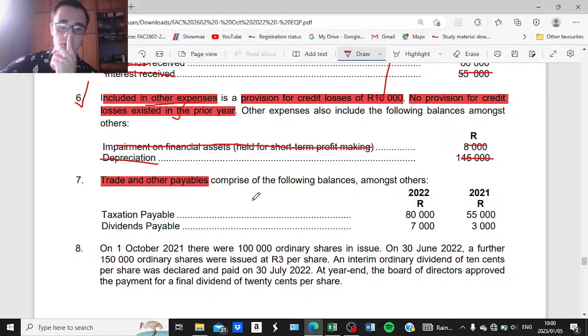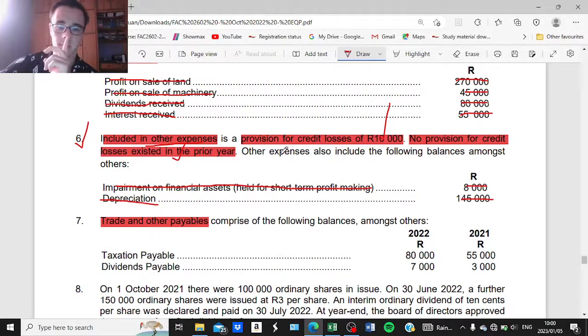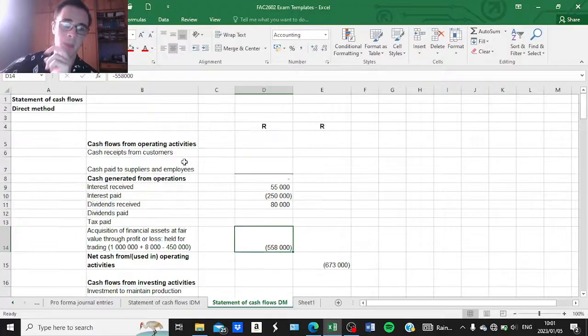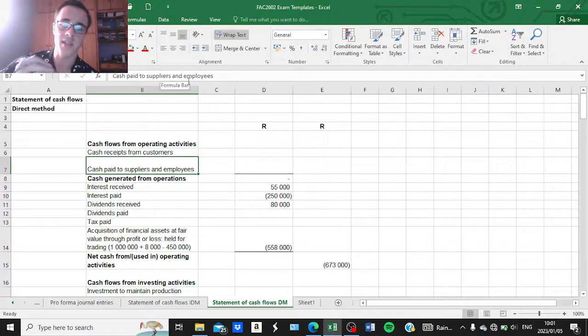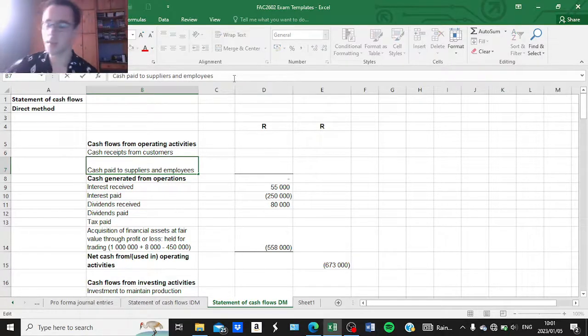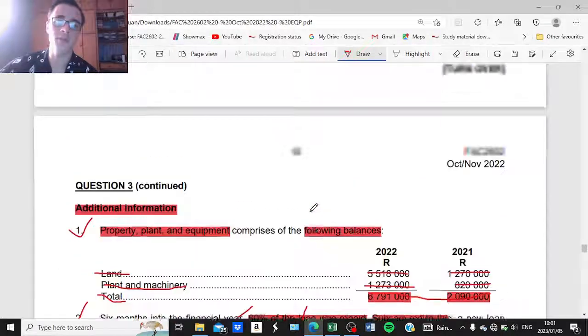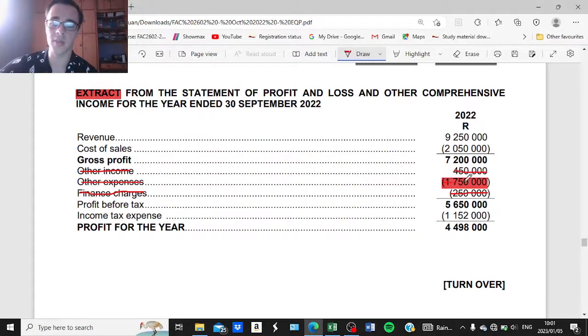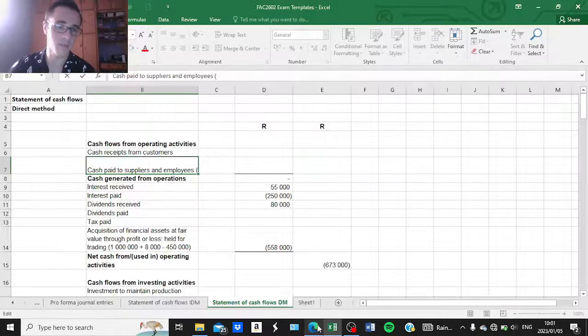So let us go to additional information point 7. Now before we get to additional information point 7, let us just make a quick calculation. Remember, we are using the direct method. So part of the cash paid to suppliers and employees will be your expenses paid. And this amount will be calculated by taking the total value for other expenses, which is 1,750,000.